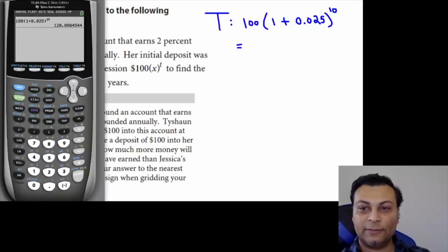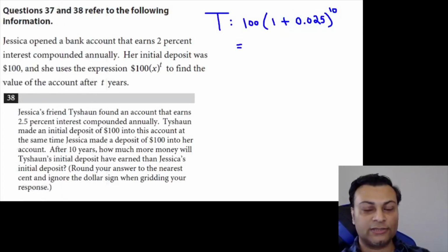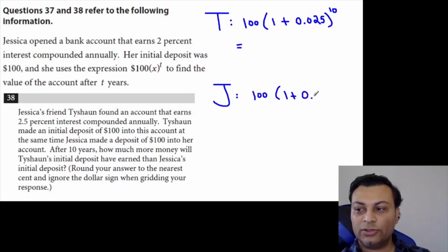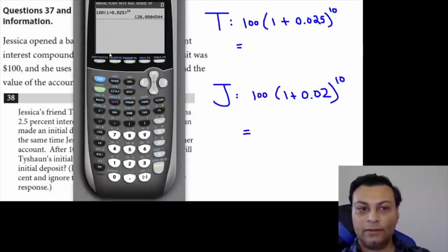I'm going to leave that up there for a second. Let's just write the other one down. Jessica would be $100 times 1 plus 0.02 to the power of 10. Okay, so we'll do 100 times 1 plus 0.02 to the power of 10.